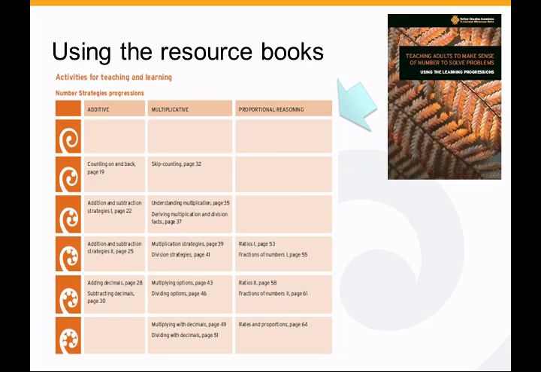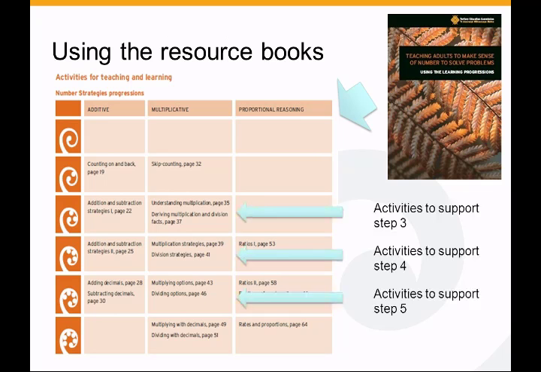So if we have learners who are presenting at step 3 on the learning progressions, you have activities there that are immediately appropriate. If I have learners that are at step 3 or presenting at step 3 on the assessment tool, then generally I start with strategies aimed at step 3, just to get them off on the right foot and make sure that they're succeeding in everything they do, building confidence, and then slowly progress towards step 4 and step 5.